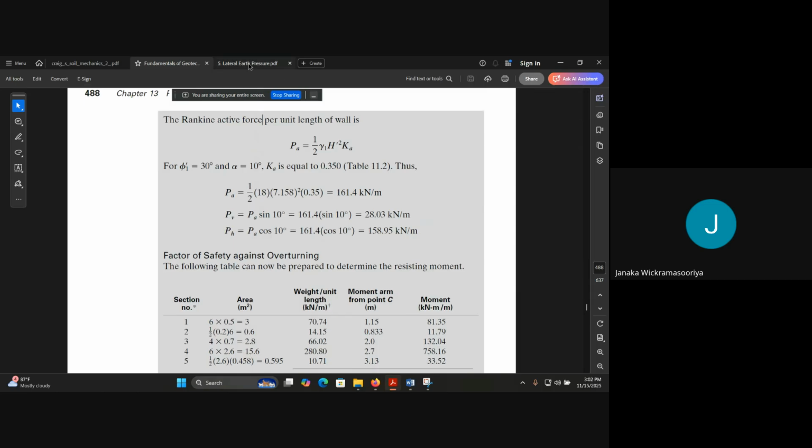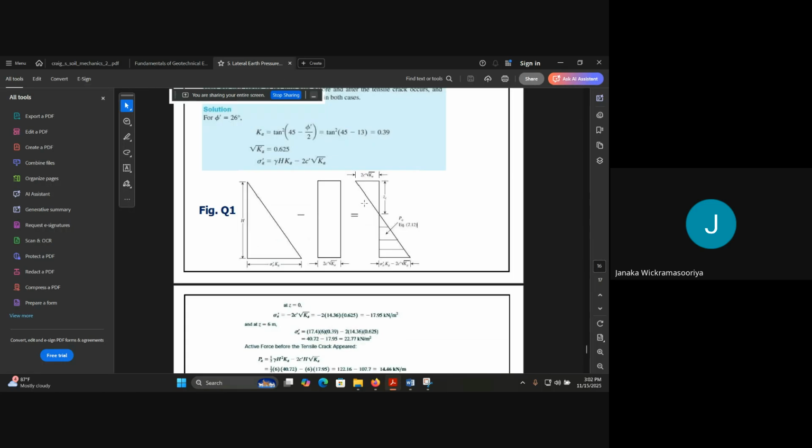So they have directly taken this triangle. The area of this triangle means half times height times base. Half times this, if you apply sigma naught dash as gamma h.